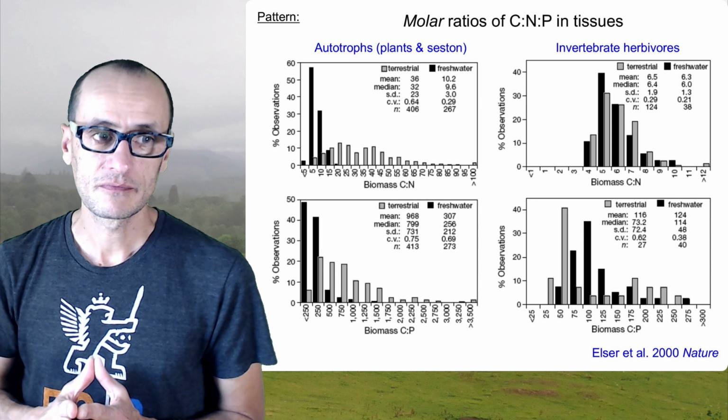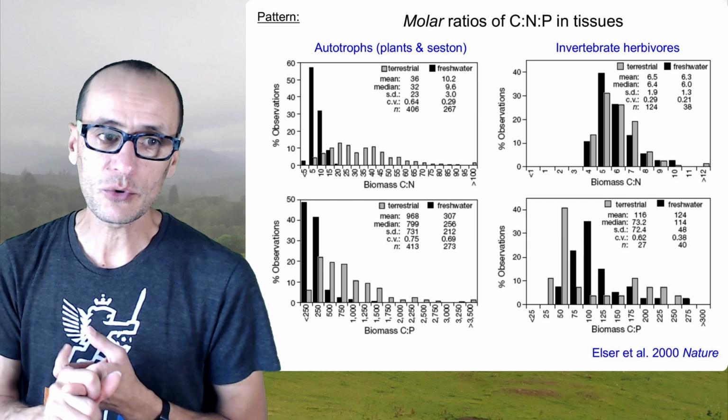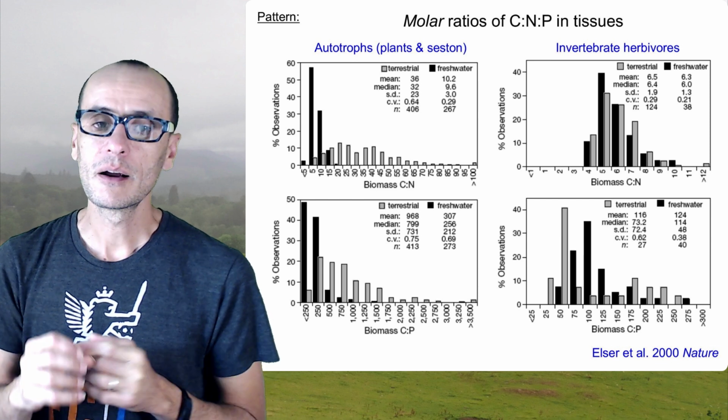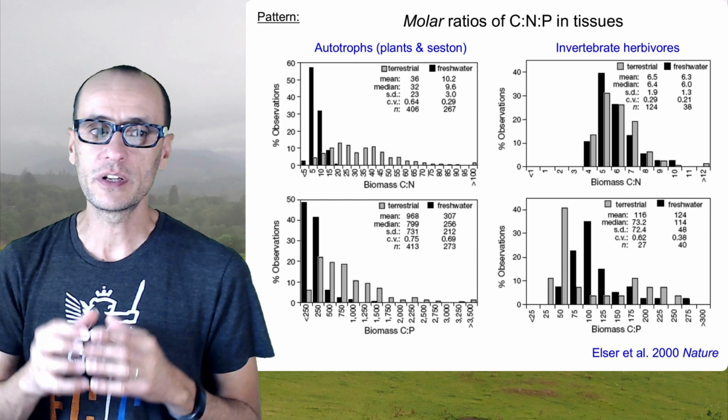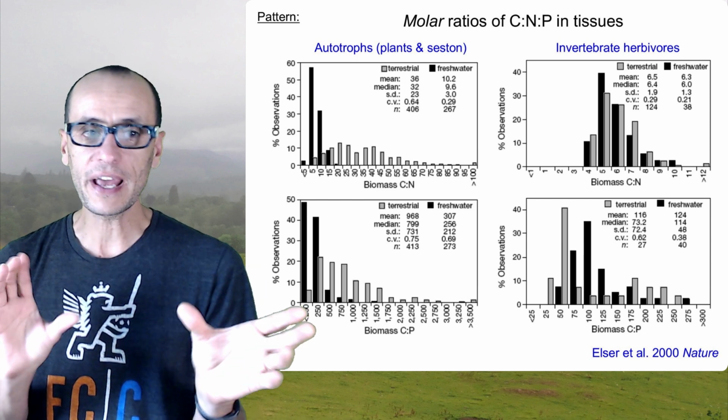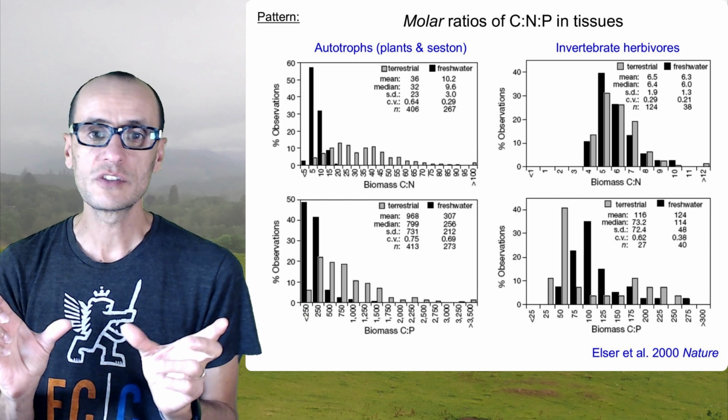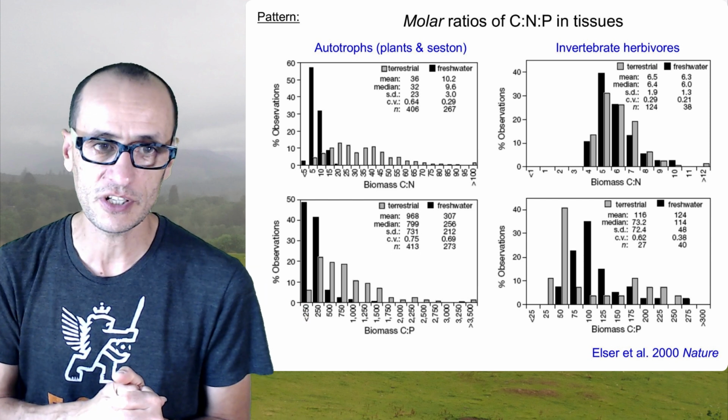So the problems of obtaining adequate nourishment arise because plants and animals differ so greatly in their chemical composition.